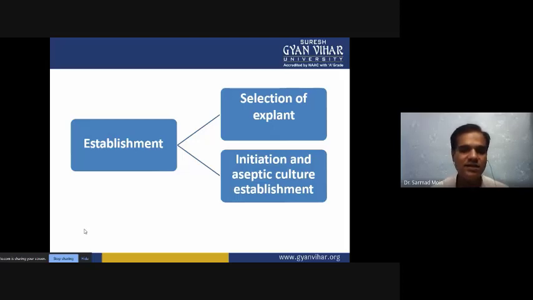Then we take it inside the laminar airflow bench and carry out surface sterilization for the initial aseptic culture environment. Inside the laminar airflow bench, we first wash aseptically with 100% ethanol for 1 to 2 minutes, so that bacteria, fungal spores and vegetative cells die very easily.